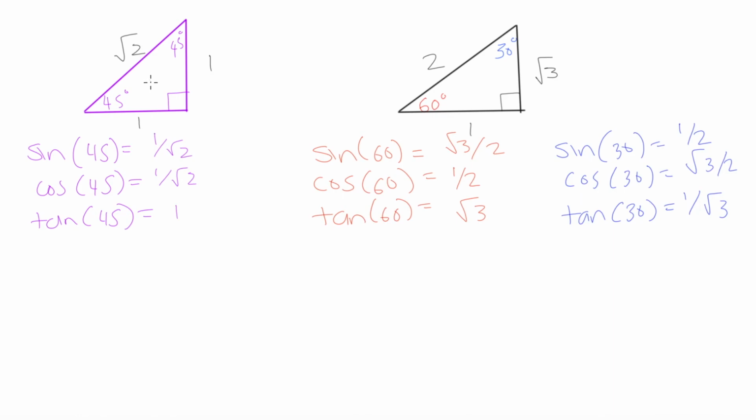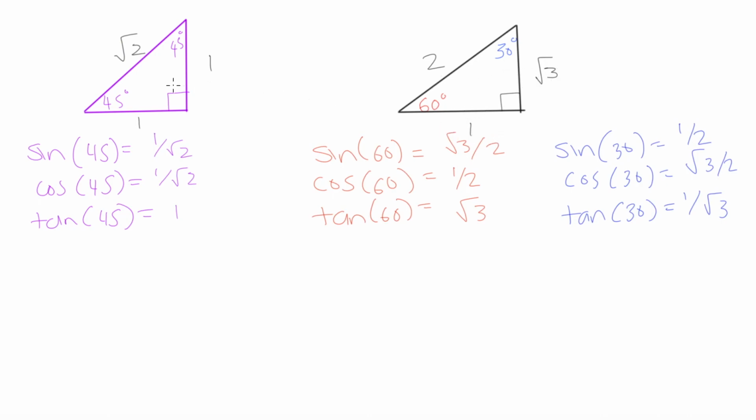So here we have our 2 special triangles. Our first triangle has 2 interior angles of 45 and a 90-degree angle, and the sides are 1, 1, and root 2. And here we have our 60-30-90 triangle, where we have one interior angle of 60, one interior angle of 30, and the other, which is 90, and the sides are 1, root 3, and 2.